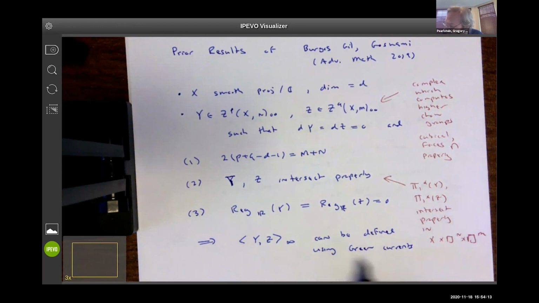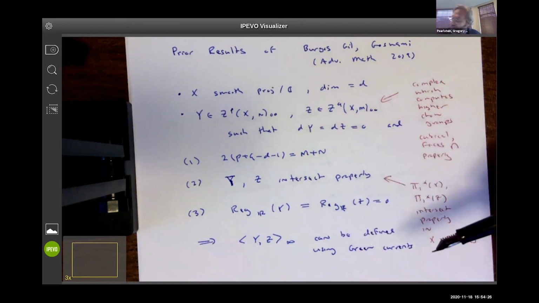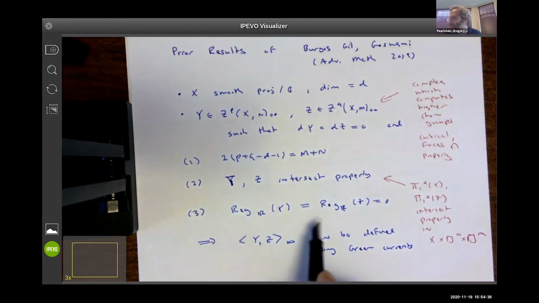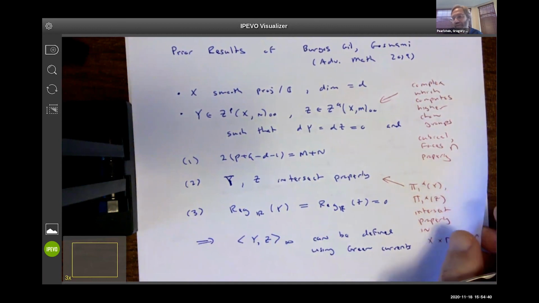So this can be defined using Green currents. So Burgos Gil and collaborators gave this construction, but it is somewhat restricted by this condition that the real regulators be equal to 0. So if you'd like, our first objective is we want to remove this. Okay, questions?